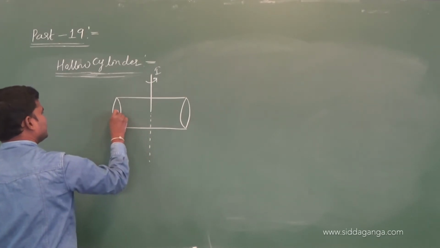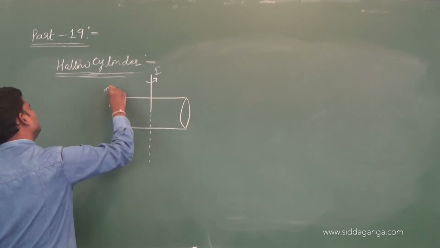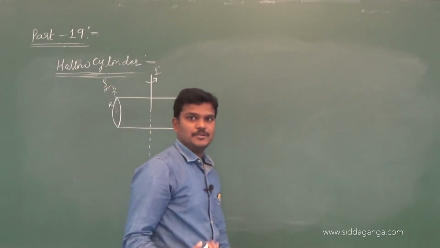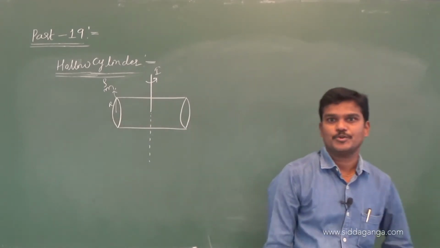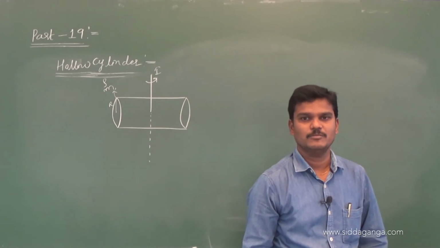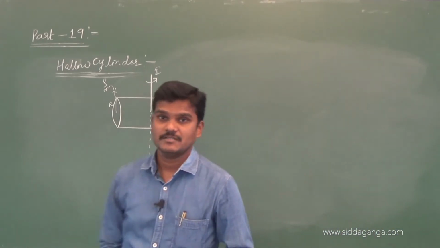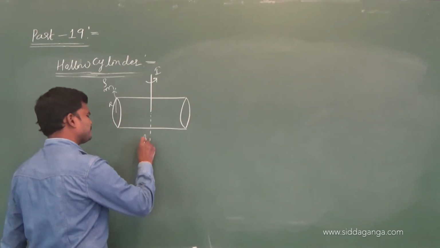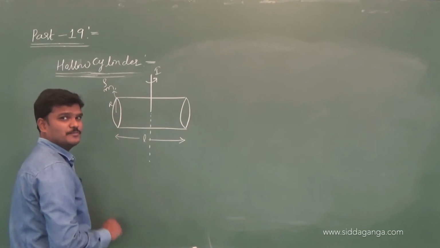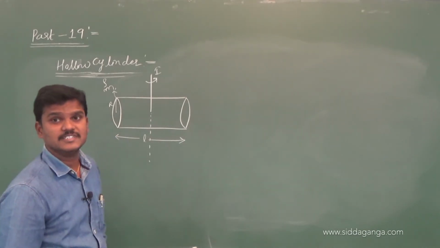The volume of the cylinder is pi r square h, h being L. Follow the same process as the previous solid cylinder.